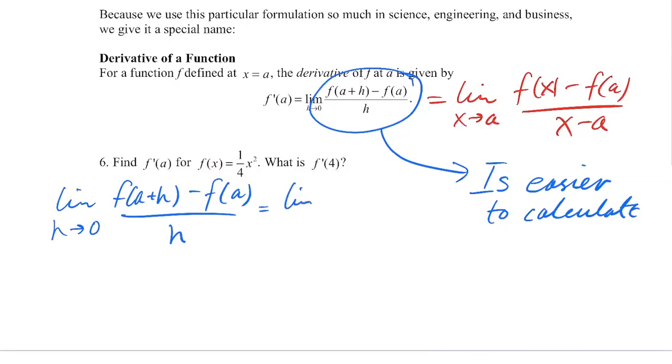So the limit as h goes to 0 of 1/4 a plus h quantity squared minus 1/4 a squared over h.